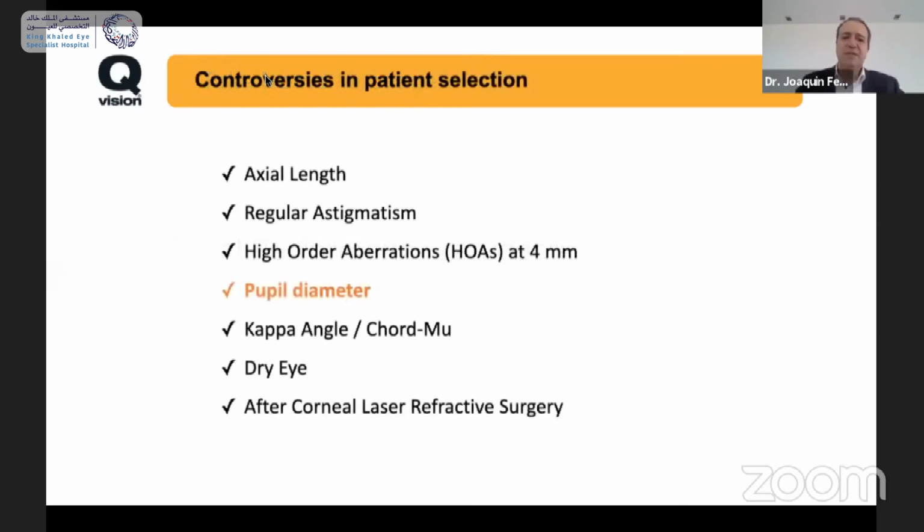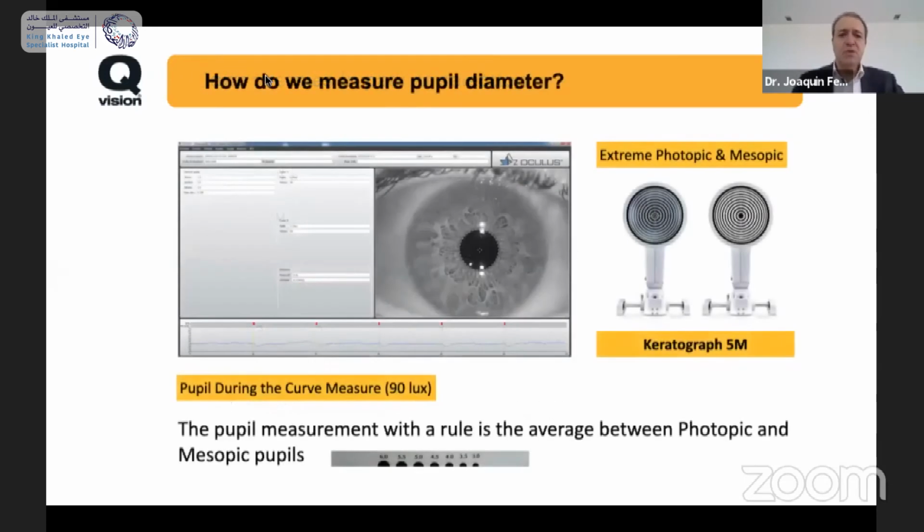What happens with the pupil diameter? Is it important for our patient or doesn't it matter? Well, we measured the extreme photopic and mesopic pupil of our patient with a keratograph, and we also measured with a ruler with our patient in a condition of 90 lux, around a low photopic condition.